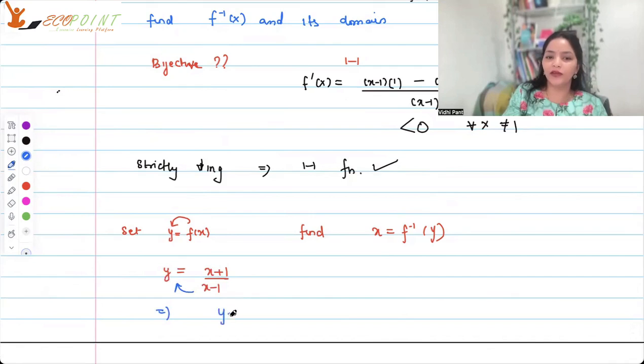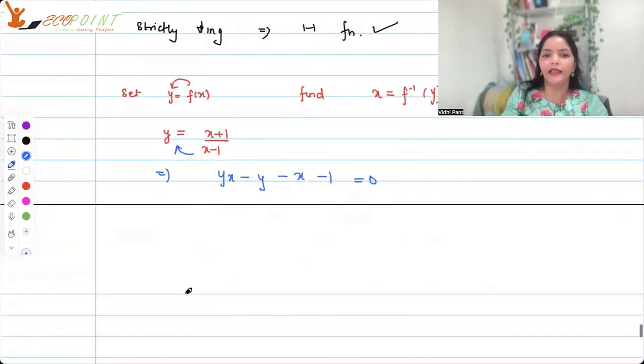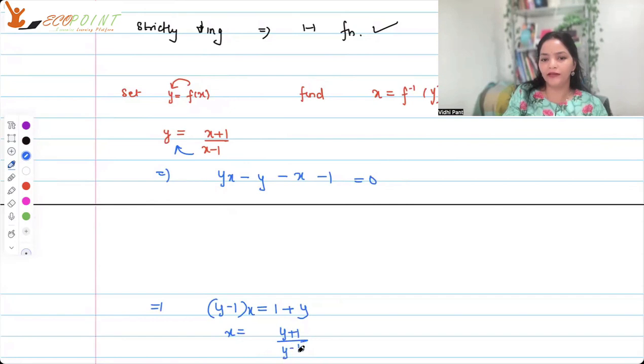So cross multiply, you will get yx minus y equals x plus 1. I've taken everything to one side. This gives me (y minus 1) x equals 1 plus y. So x is equal to (y plus 1) upon (y minus 1).